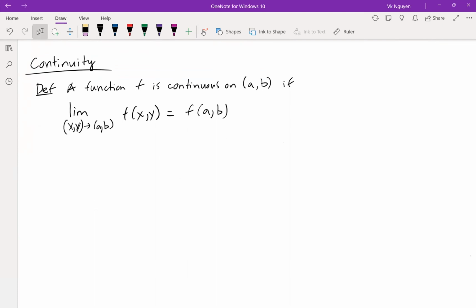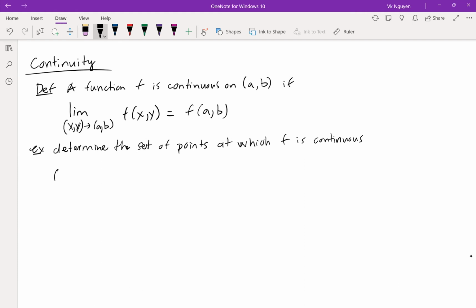Okay. Here comes an example. Determine the set of points at which f is continuous. f(x, y) equals, usually for continuity we have a piecewise function, so I give you a piecewise function.